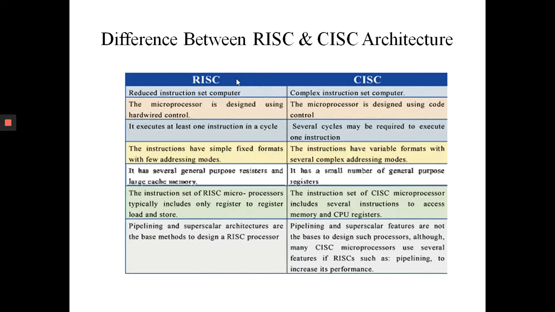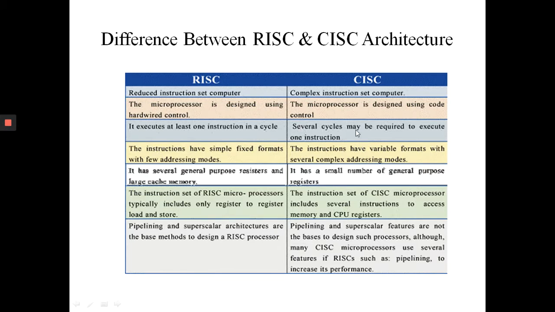Now let us discuss the difference between RISC and CISC architecture. RISC is a reduced instruction set computer. CISC is a complex instruction set computer. In RISC, the microprocessor is designed with hardware control. Here it is designed with code control. RISC executes in at least one cycle.